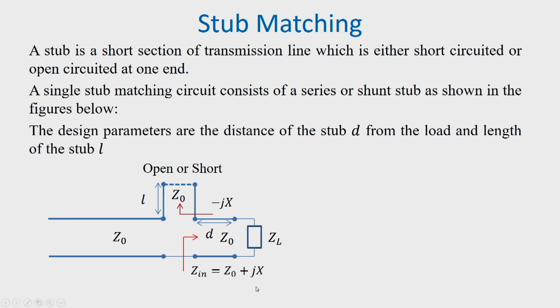Now, this extra element jX is nullified by connecting this series stub of length L, which can be open or short. So, this is one way of designing a matching network, and this type of matching network is called a series stub matching.